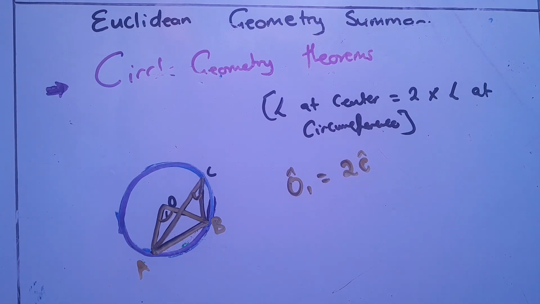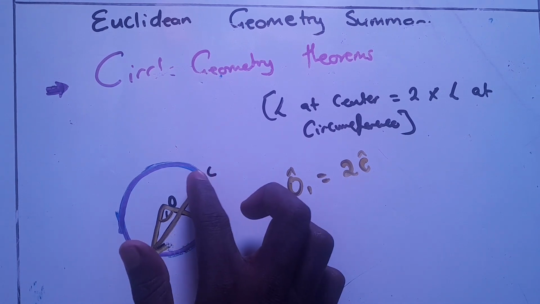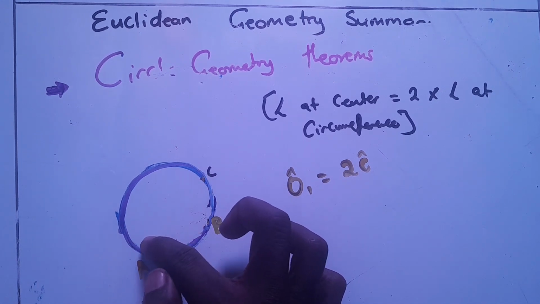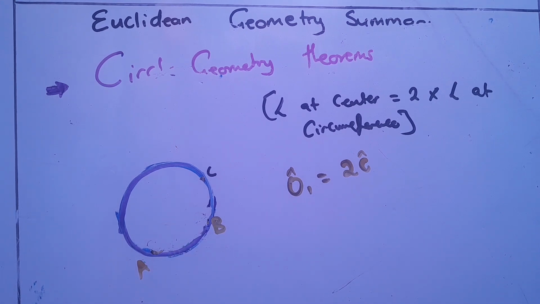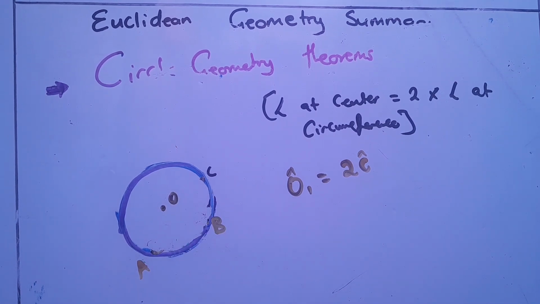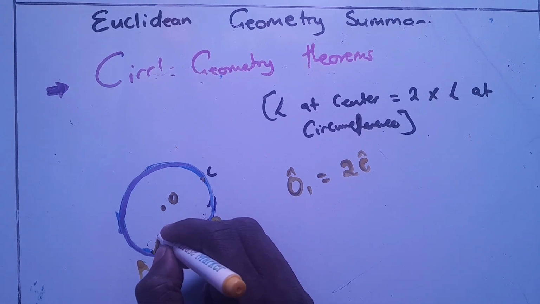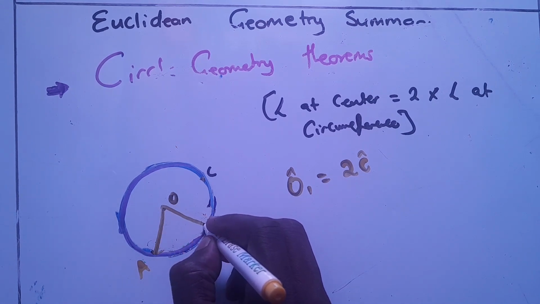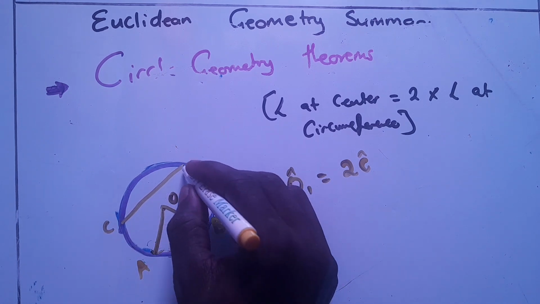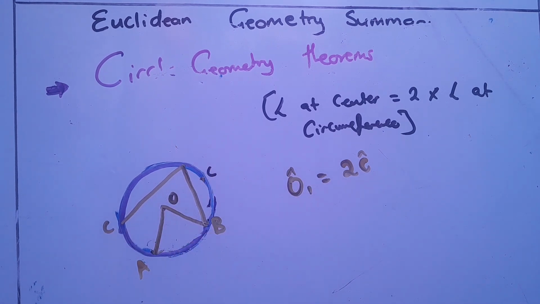And most students often make a mistake here. So let's just see. We can have our center here as O, right? And we can have an angle like this, and we can also have maybe C there giving us the angle at the circumference like this.